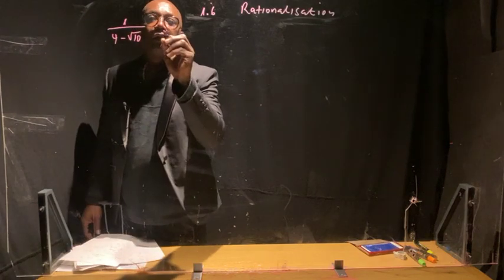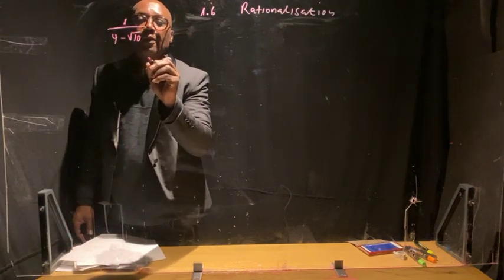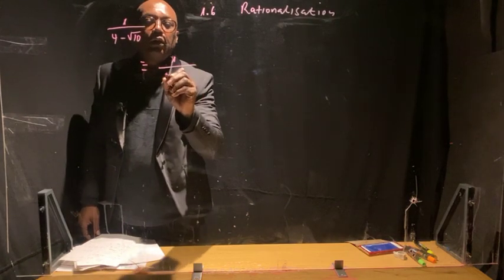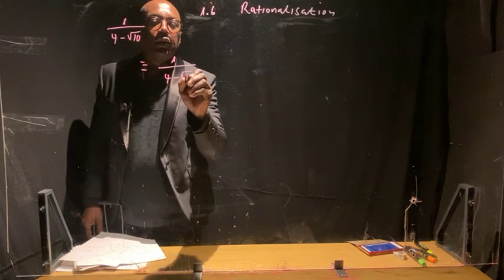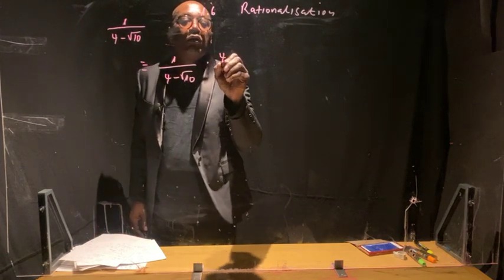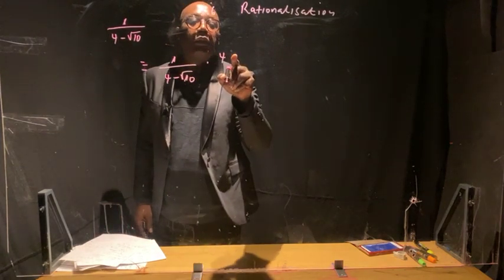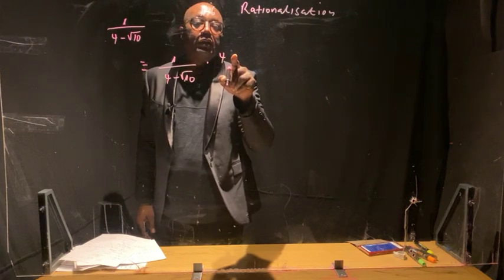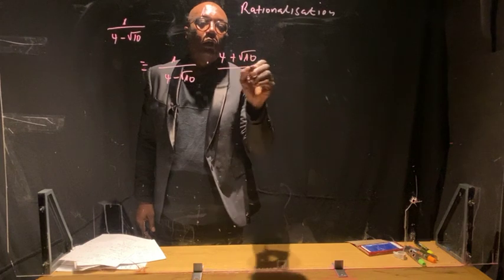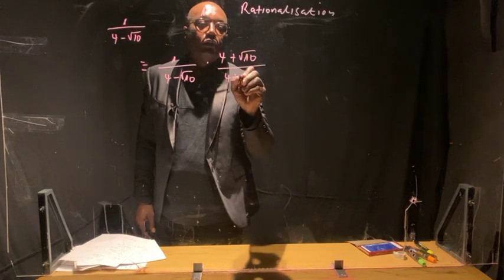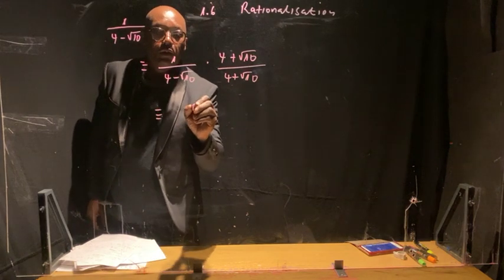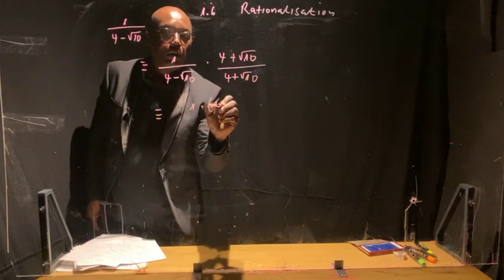This is no different from 1 over 4 minus root 10 being multiplied to 4 plus root 10 all over 4 plus root 10. It will be plus at this time because we are rationalizing it.